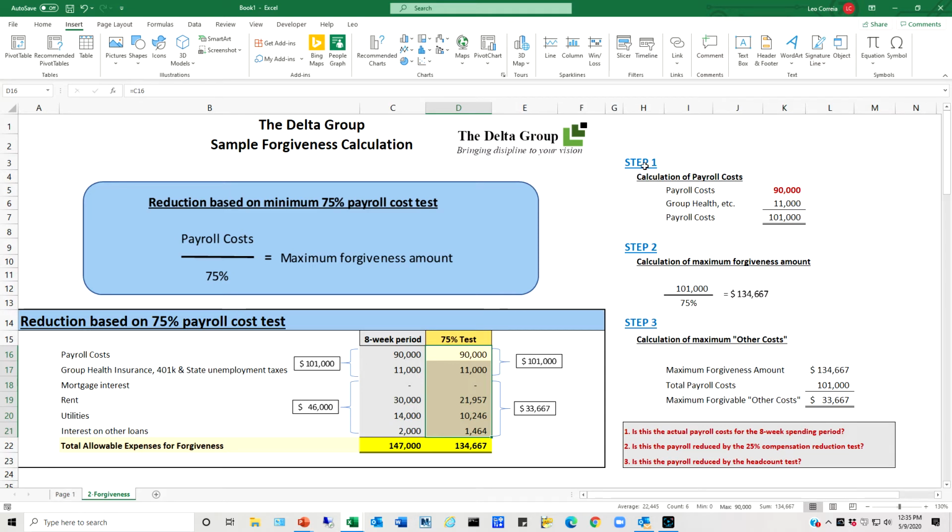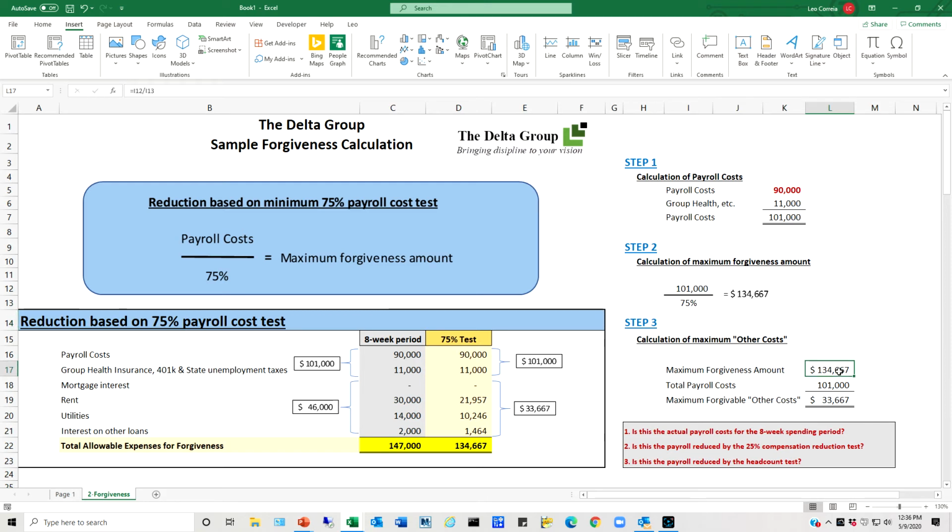Basically, there are three steps. First, we're going to calculate the payroll costs. And the payroll costs I have in red here because there's an issue as to what that means, but we'll talk about that in a minute. We're going to add the group health insurance to it, and that gives us a total payroll cost of $101,000. Now, to figure out what the gross is, we divide the $101,000 by 75%, and the maximum forgivable amount is $134,000.